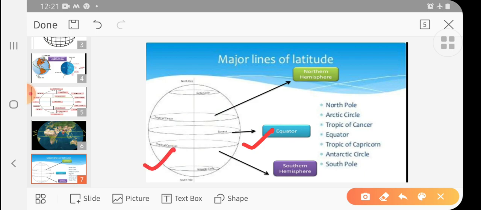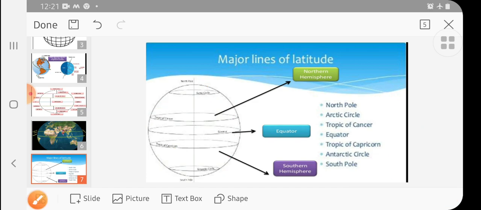So North Pole, Arctic Circle, Tropic of Cancer, Equator, Tropic of Capricorn, Antarctic Circle and South Pole. This is how we can understand all these lines. So the equator is here, Tropic of Cancer is here, Tropic of Capricorn is there, Arctic Circle is there, Antarctic Circle is there. After that, South Pole and North Pole. So very easily you can understand how it is.